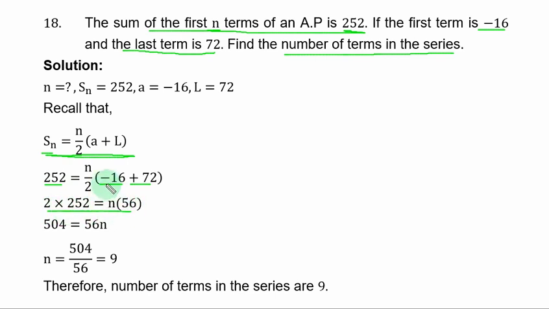Minus 16 plus 72, you have 56. When you multiply out, you have this result. To get n, the number of terms, divide both sides by 56, and n is equal to 9. Therefore, the number of terms in the series is 9.